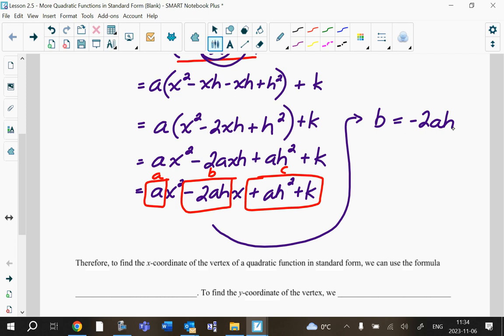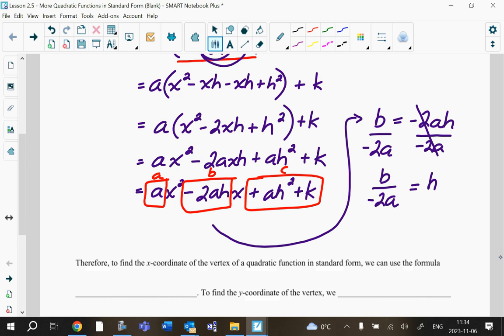Not minus, not plus, because it's being multiplied. Divide by what? Divide by negative 2A to take those out. Divide by negative 2A. So B over negative 2A is equal to H.